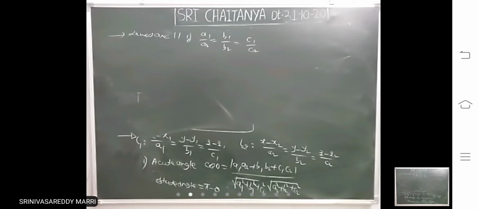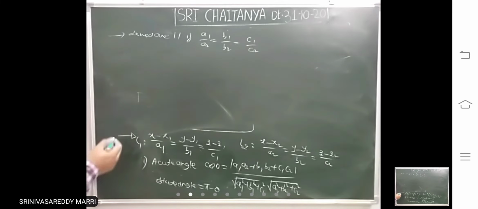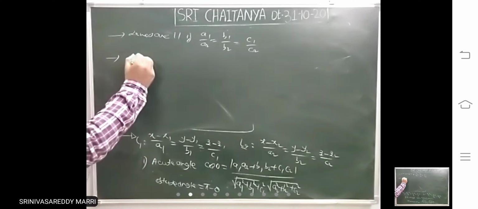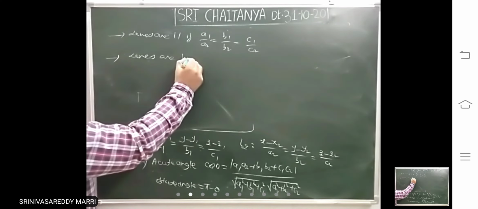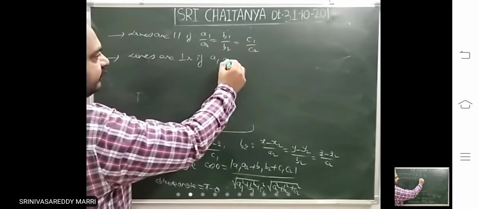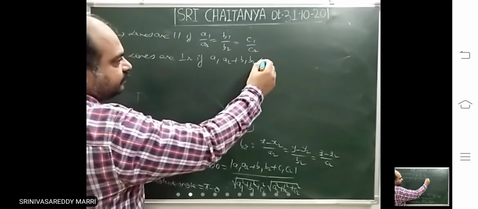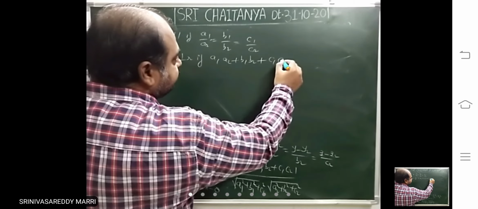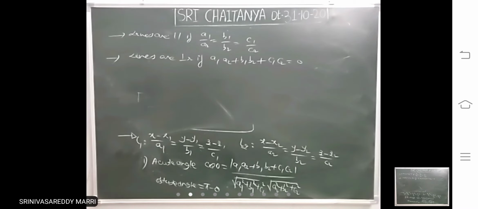Lines are parallel means the DRs are known, and this is the condition. Lines are perpendicular if a1a2 plus b1b2 plus c1c2 equals 0. The same formula will be applicable.